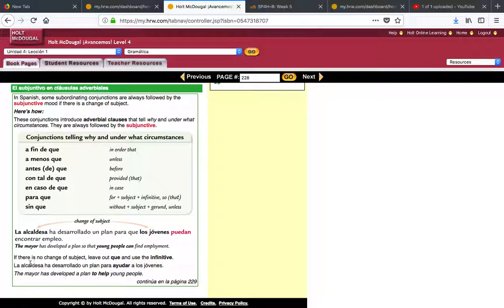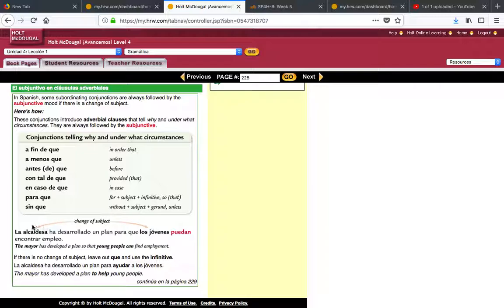Of course the context is going to be a little bit harder and harder as we move forward. We're going to use a different type of vocabulary. Right here: La alcaldesa ha desarrollado un plan para que los jóvenes puedan encontrar empleo. So I have the conjunction para que, again, but I'm using que, so you must use subjunctive here.